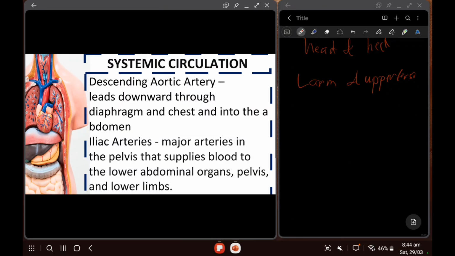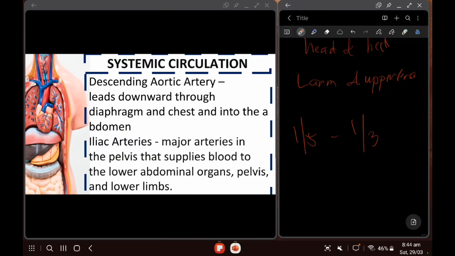About one-fifth to one-third of the blood passes through the renal artery, which is the kidney, where it is filtered into waste products. Then the descending aorta continues downward to the abdomen.